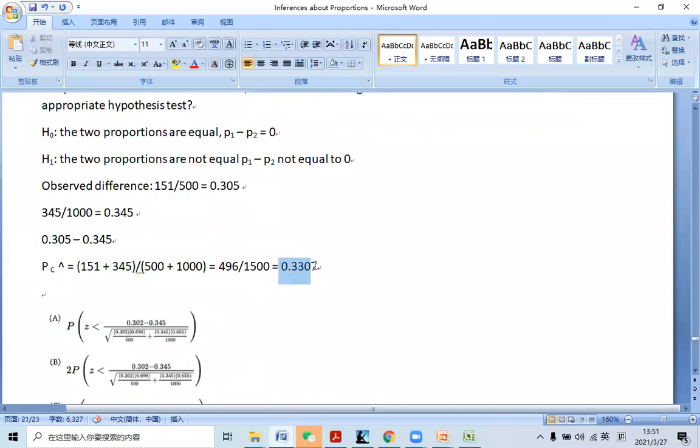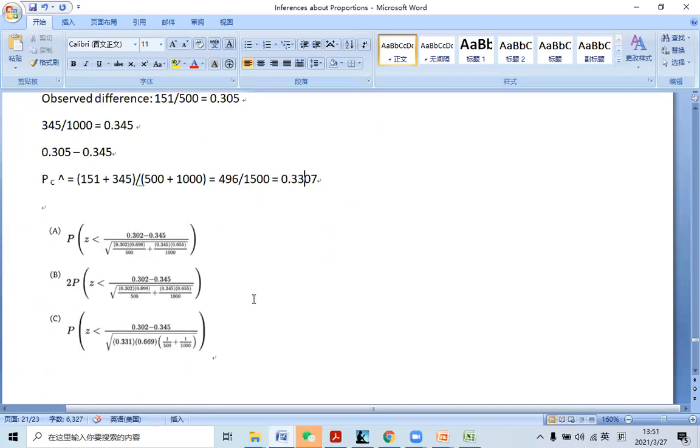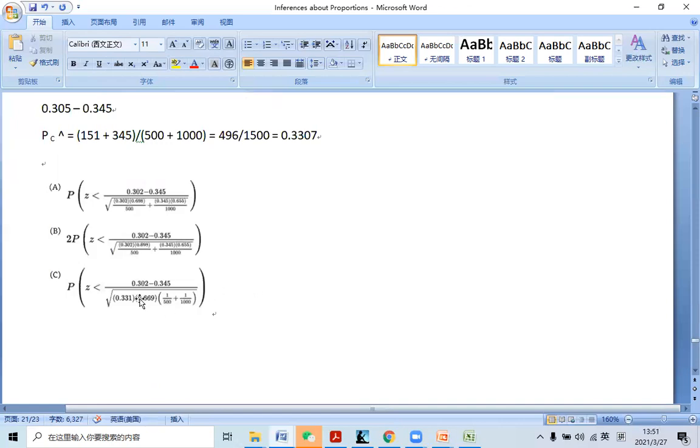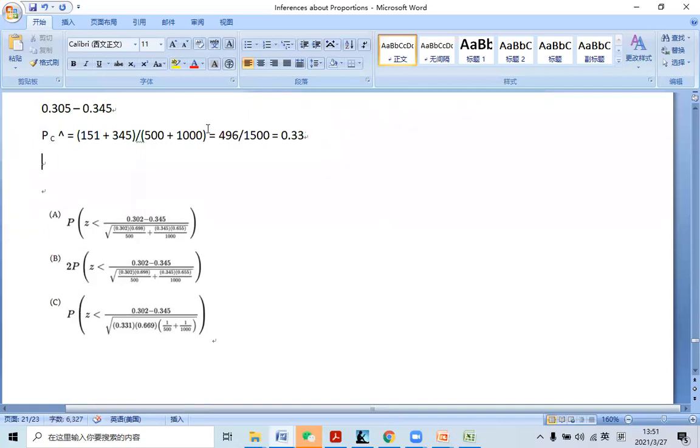The proportion is like 0.33, 0.33, and then the complement. If we go to 2 decimal points, 1 minus 0.33 is going to be 0.67.